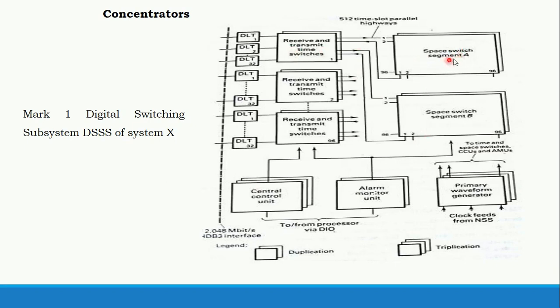You can observe here space division switching. It is connected to one part of the time switch, and again the next time switch is connected to another space segment, A and B, and you will have 512 time slots which are connected to one segment, and another 512 which are connected to this, and the total capacity of this is 2.048 megabit because it consists of 32 time slots.